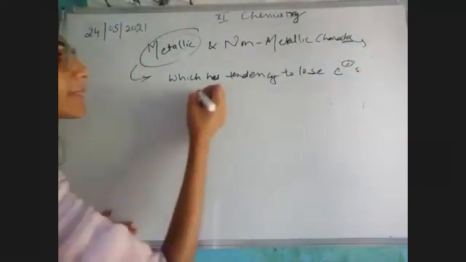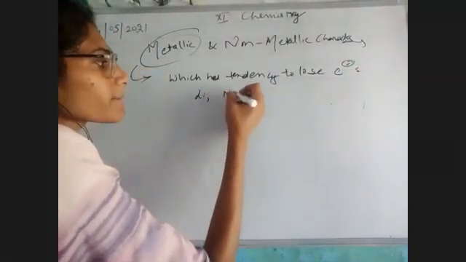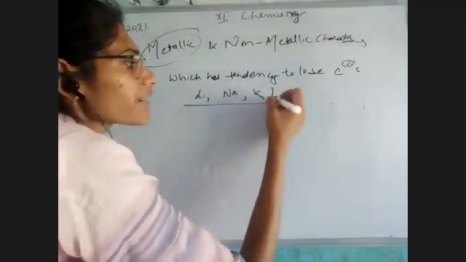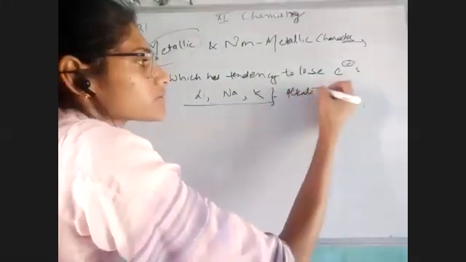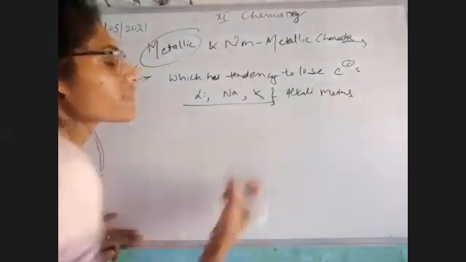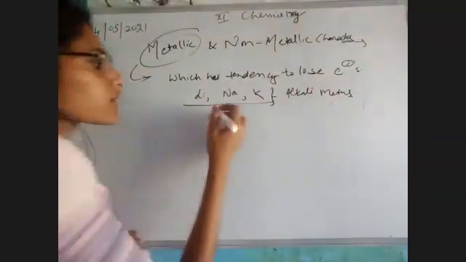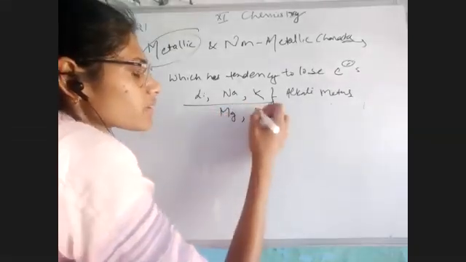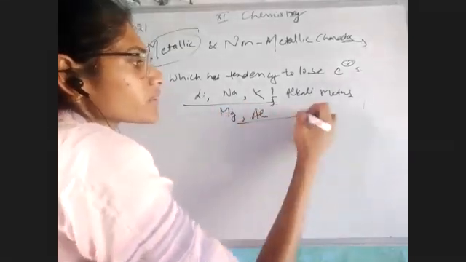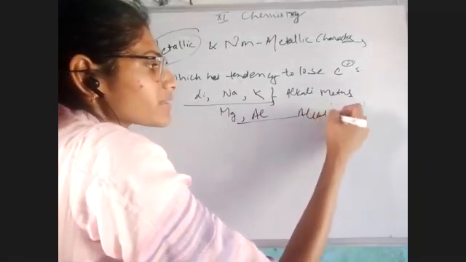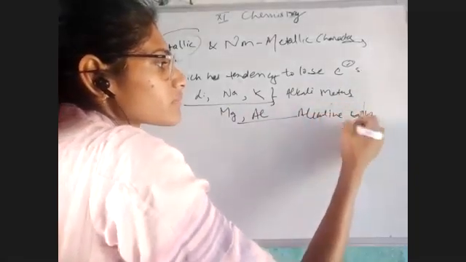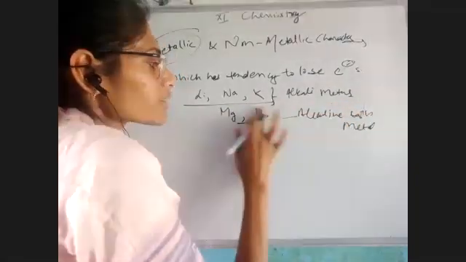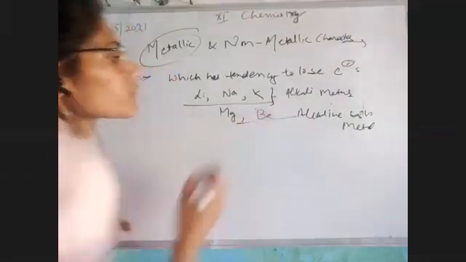For example, lithium, sodium, potassium, these are my alkali metals. Or for example, magnesium, these are my alkaline earth metals.